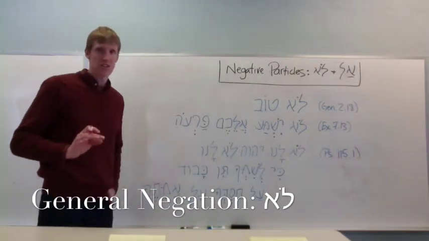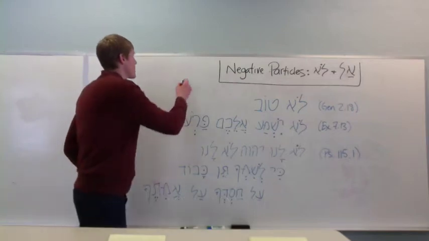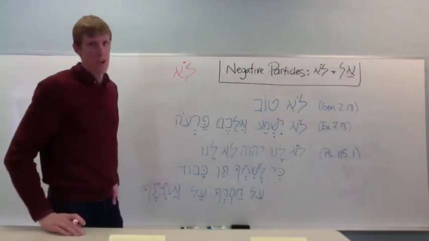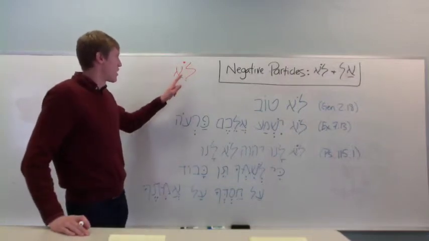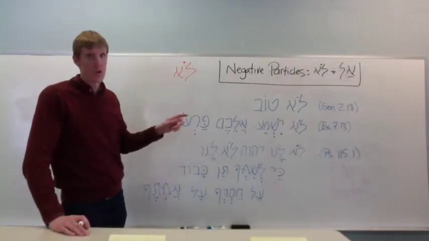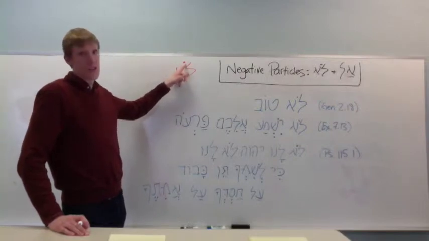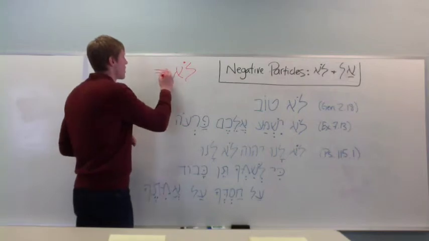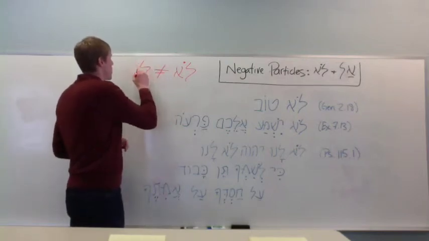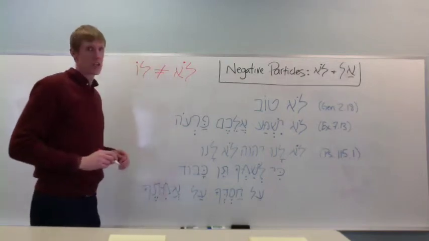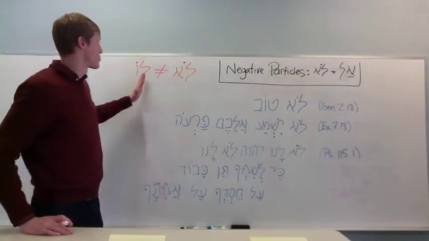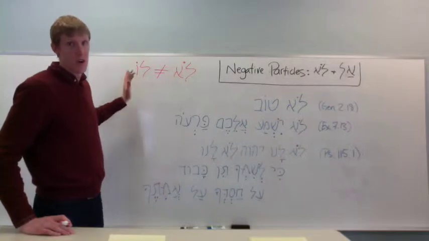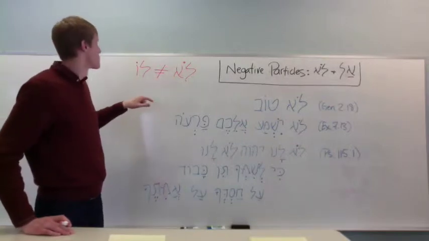The first thing to know is how it's spelled. The negative particle lo is spelled lamed aleph, which is not the same as the two words that make lo, which is the preposition lamed and the third masculine singular suffix hu, or him.